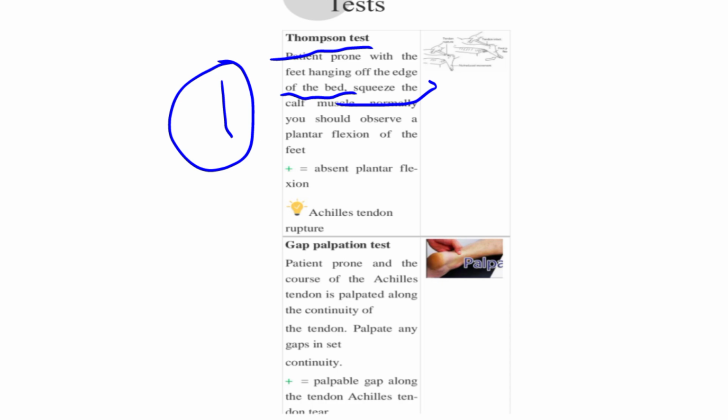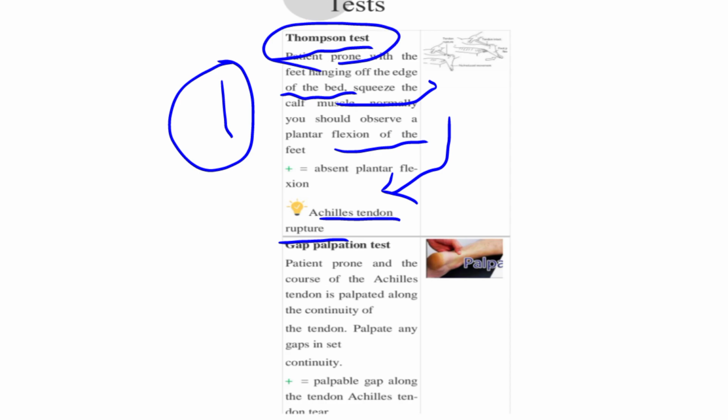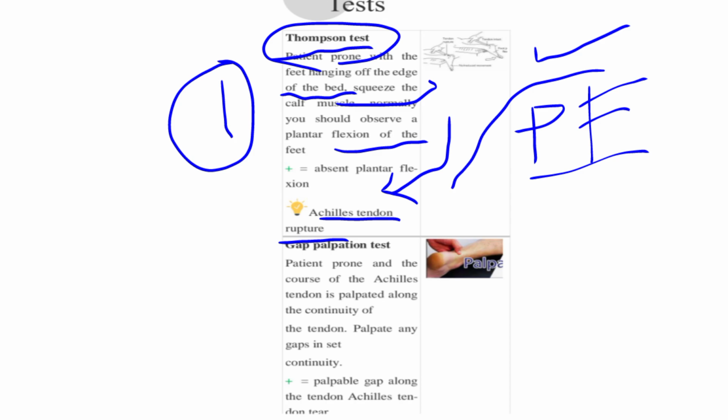Normally, you should observe plantar flexion of the foot. If there is absent plantar flexion, then this is the positive sign of Achilles tendon rupture. This is the picture for this. Squeezing the muscles, the normal sign is plantar flexion. If there is no plantar flexion, then this is the positive sign of Achilles tendon rupture.